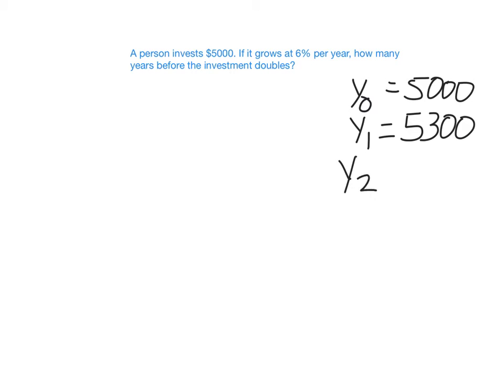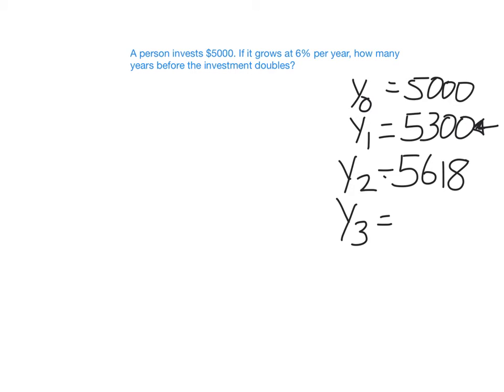Then at the end of year 2, I take this amount and I increase it by 6%. So 6% of $5,300 is $318. So this will now be $5,618. So then I could do the same again and again. What you will see is that it's increasing by an increasing amount.